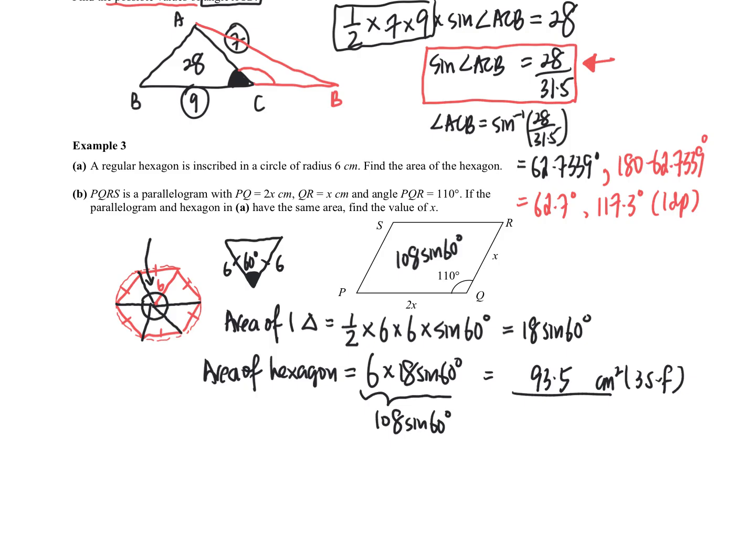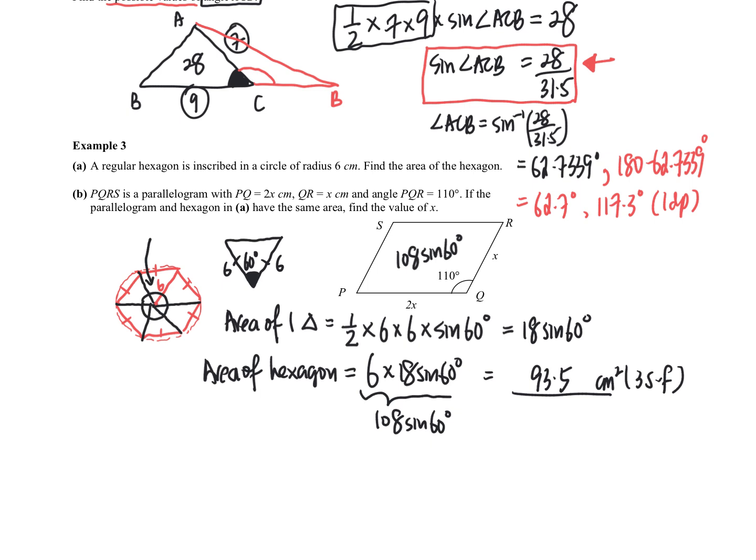Half (a plus b) height, that one is the trapezium. If you want to find the area of a parallelogram, it has to be base times perpendicular height. But I don't have the perpendicular height here. Go and find.